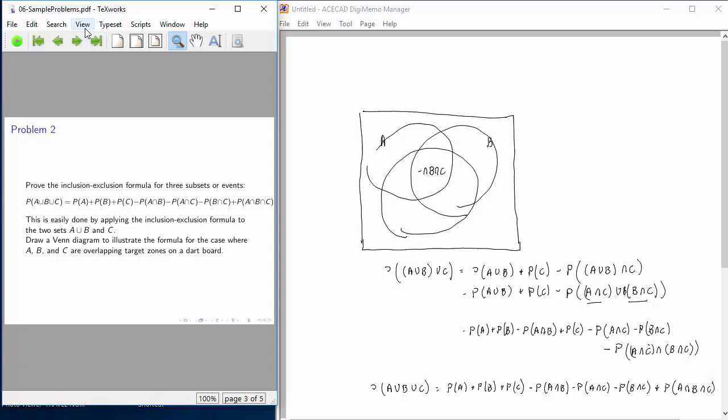And in fact, this result generalizes in the obvious way. If you have more than three events, you have individual events with a plus sign, pairs of events with a minus sign, triples of events with a plus sign, and so on.